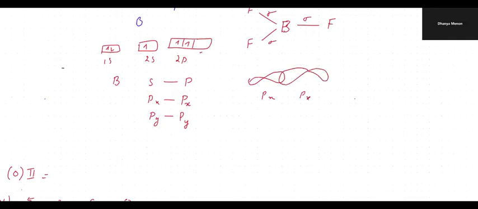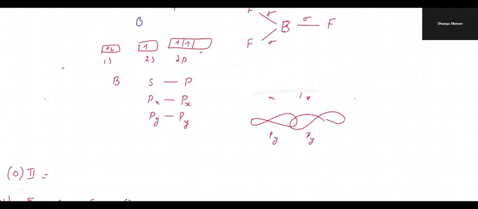If this is py, it will overlap with py. So there are 3 kinds of sigma bond: sp sigma bond, px sigma bond, py sigma bond.